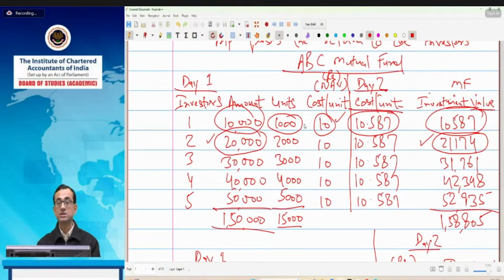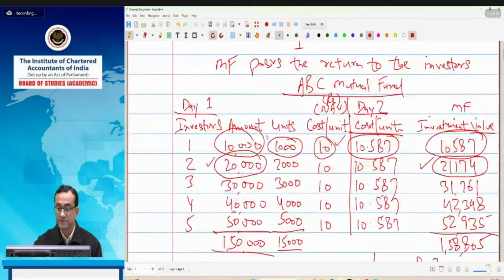Yes, the cost increases from rupees 10 to 10.587 on day two. For the existing investor, it is a return because the existing investor can now sell at a higher value. For investor one, the existing value is 10,000 rupees invested.